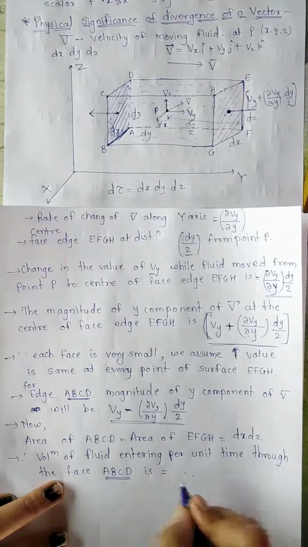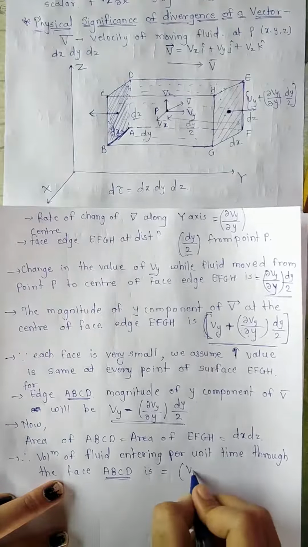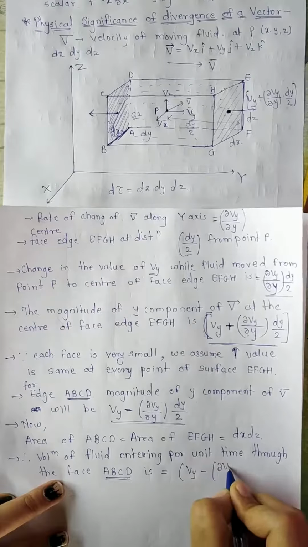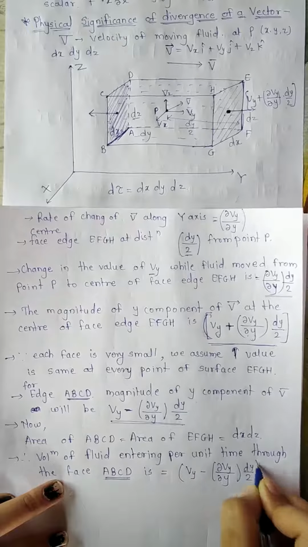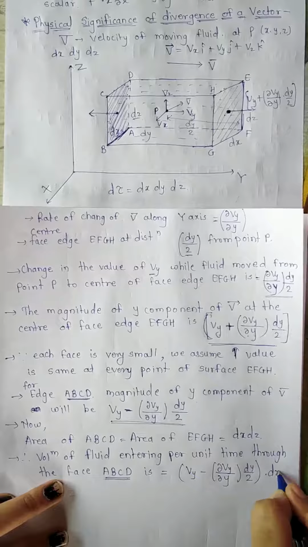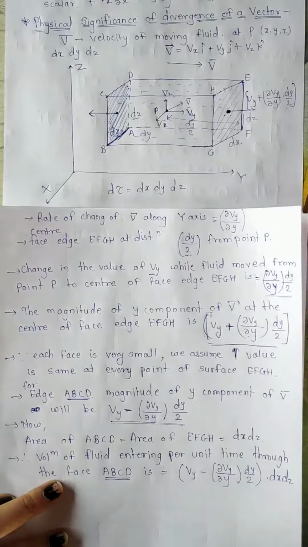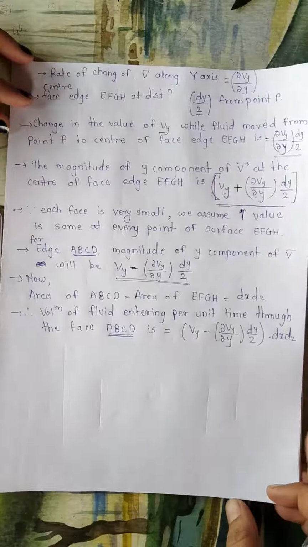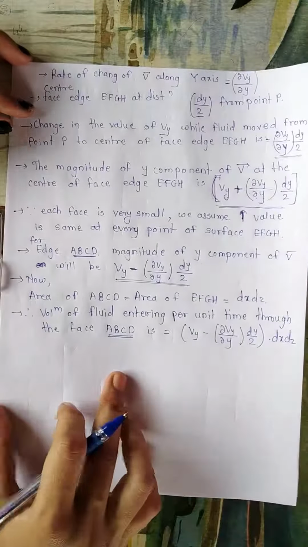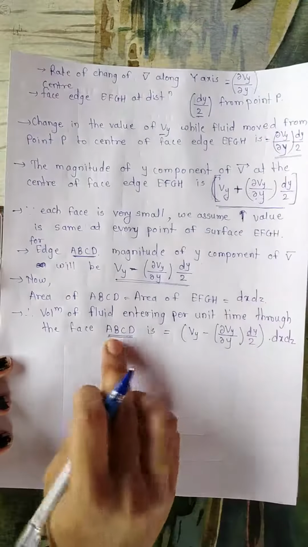So here it is given by Vy minus dou Vy upon dou y into dy by 2, into that area through which our fluid is entering. So this is the volume of fluid which is entering per unit time through the face ABCD.